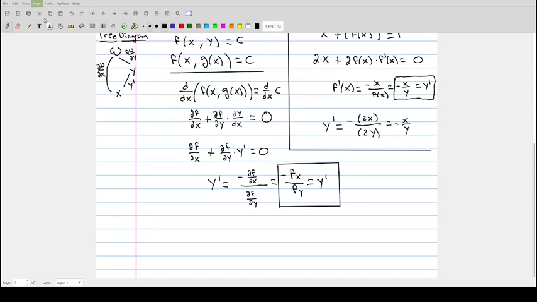So we'll do another example just to show this. Let's take the level curve negative xy plus x squared plus y squared is equal to 1.